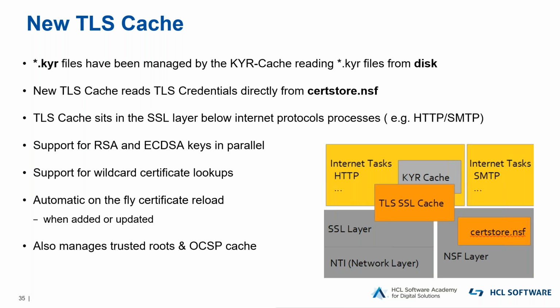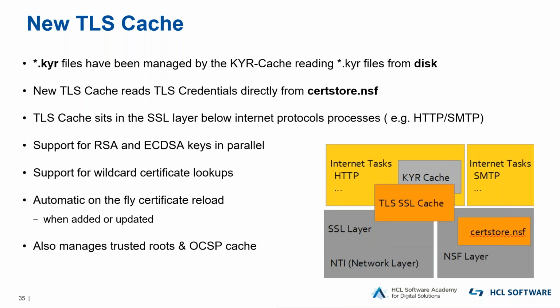What's happening is there's a new modern cache that can handle ECDSA keys and RSA keys in parallel, and the TLS credentials will be read from the cert store directly. So there are no key files anymore on disk. It also decides automatically which is the right one, the ECDSA or RSA key, depending on the configuration.